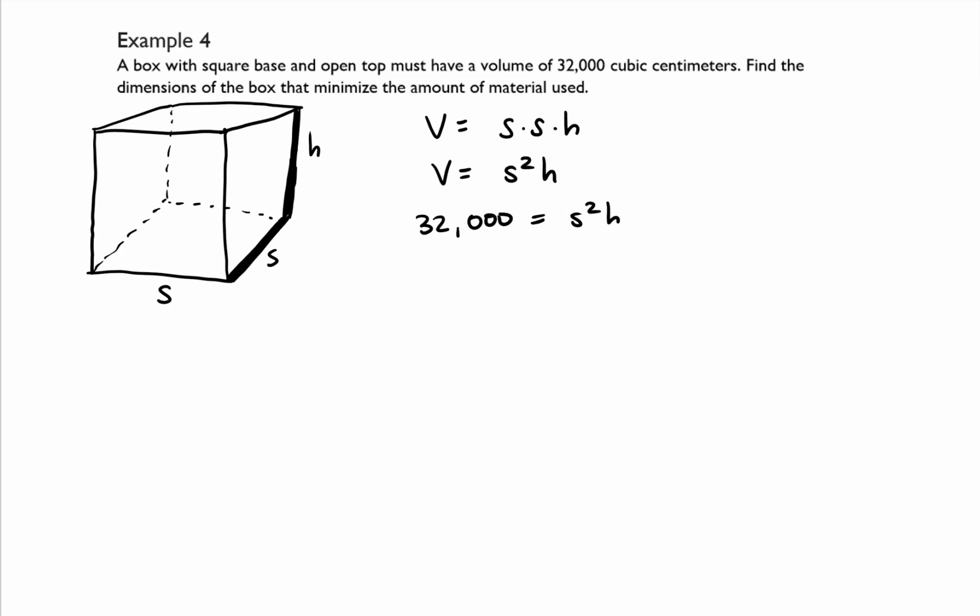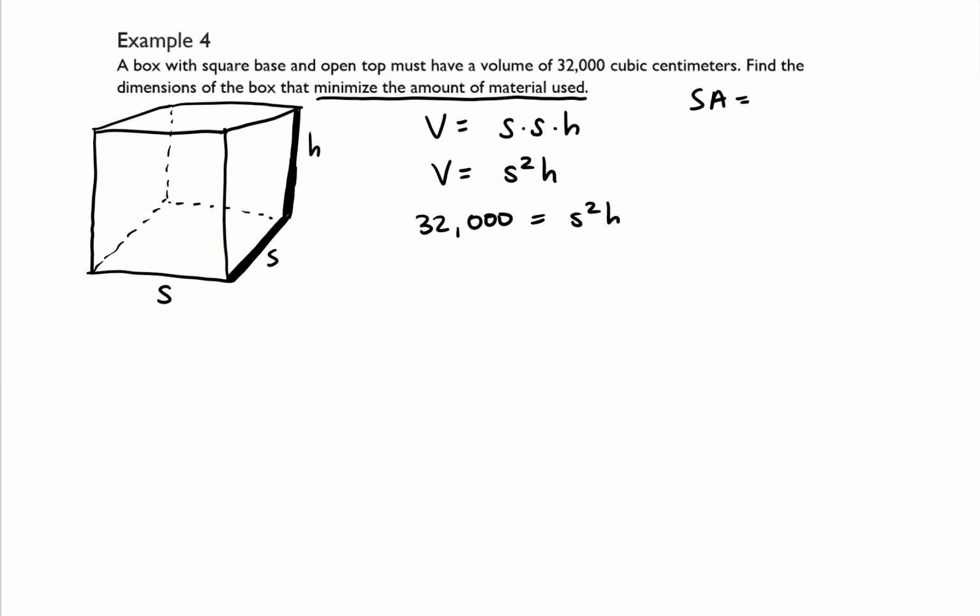Now, the thing that we're trying to minimize is the amount of material used. And that's another way of saying the surface area. And the surface area for this particular box is basically the areas of all the faces. So how many faces do we have? We have the bottom face, so this square here, and then on top of that, we have the 4 side faces.